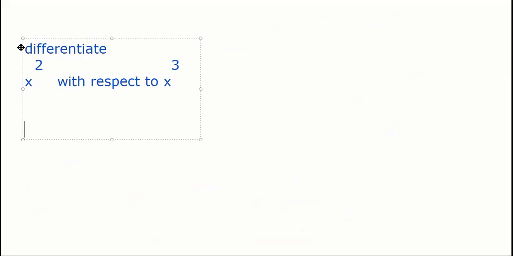I know many of you may do it orally also. 2x by 3x square, okay, correct. It is as simple as that. Actually, you can substitute here, but since it looks oral, 2x by 3x square. The answer becomes 2 by 3x, right?